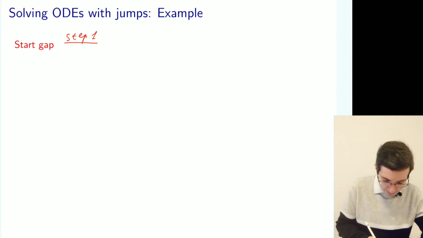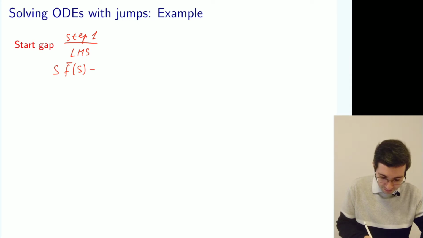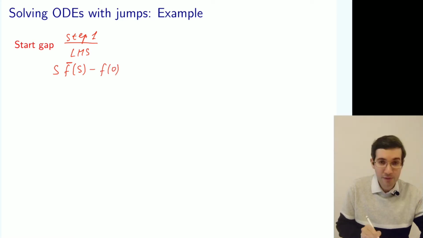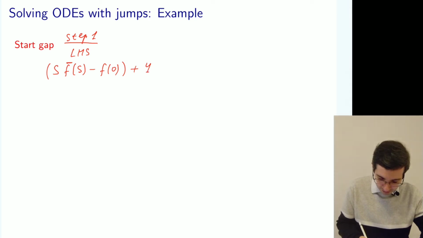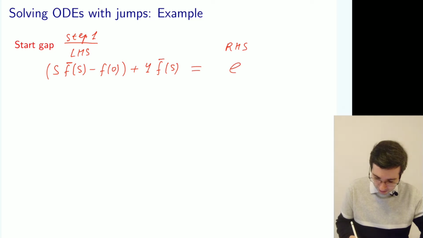So if we apply it to the left-hand side, we get s times the function, because it's a derivative, minus the value of this function at 0, plus 4 times Laplace transform of that function. And on the right hand side we get an exponential over s. That's from tables.